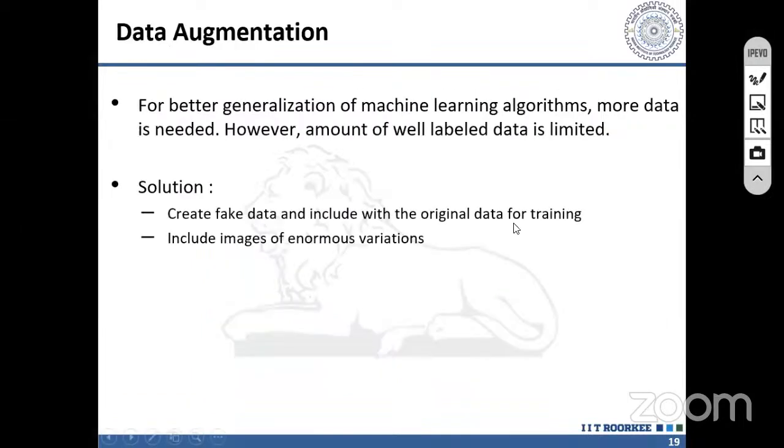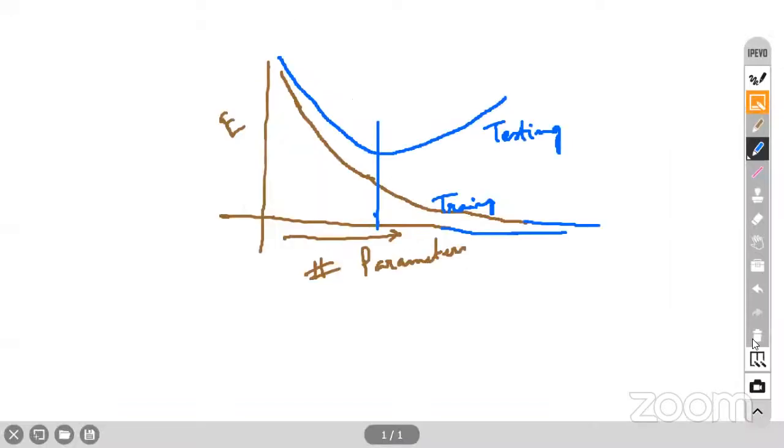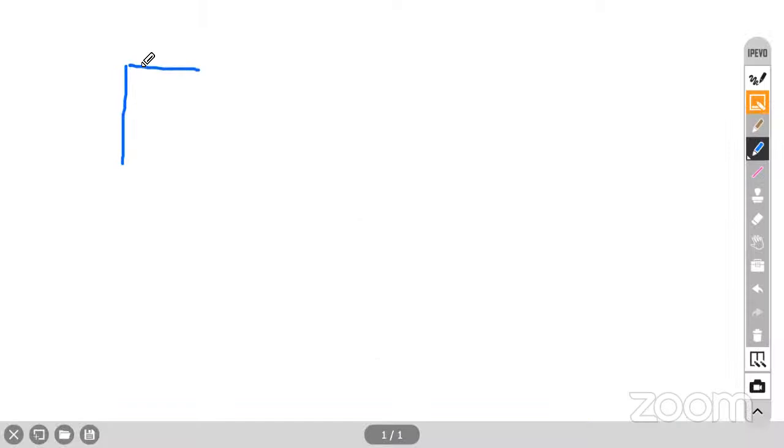Then data augmentation. We are going to discuss it later. Data augmentation means that when we have a data set, we have a training part and a testing part.